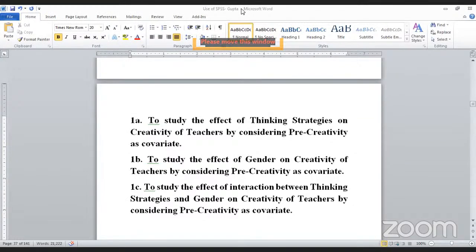Covariate is the variable which is to be controlled statistically. Yesterday, Ashay, were you present yesterday or not?